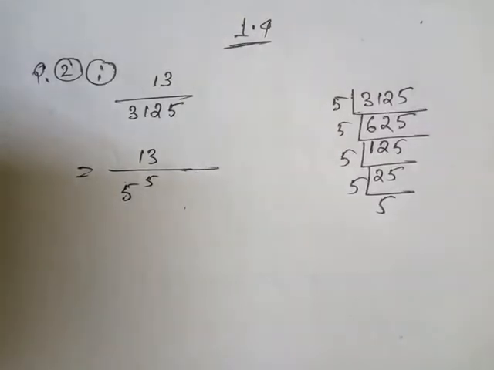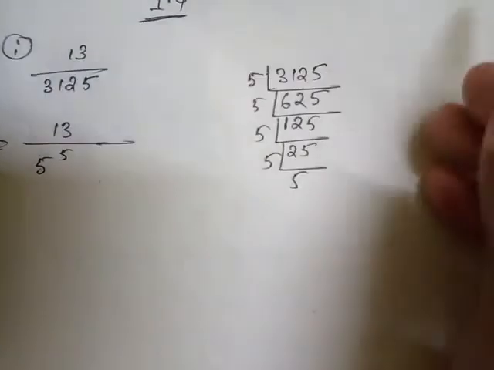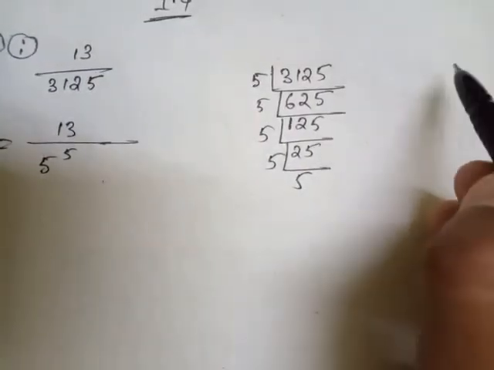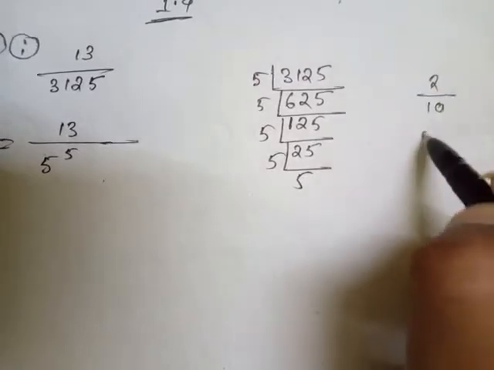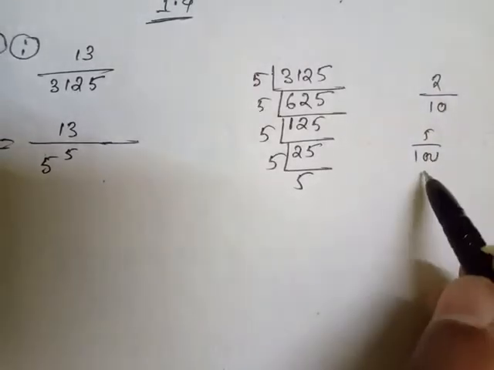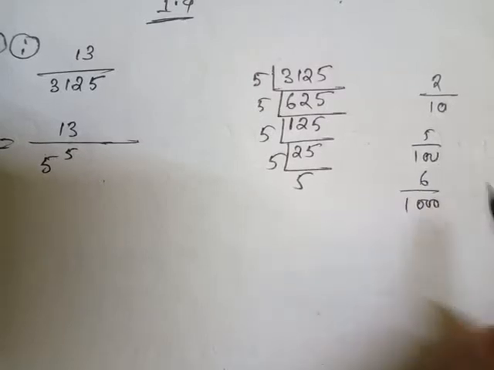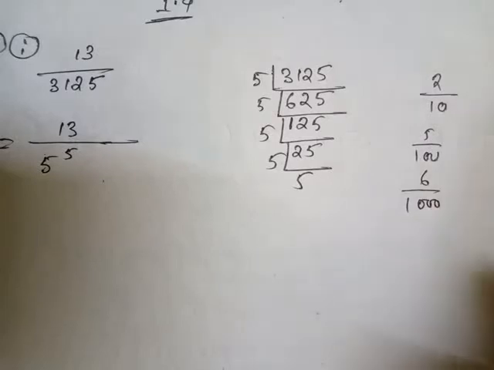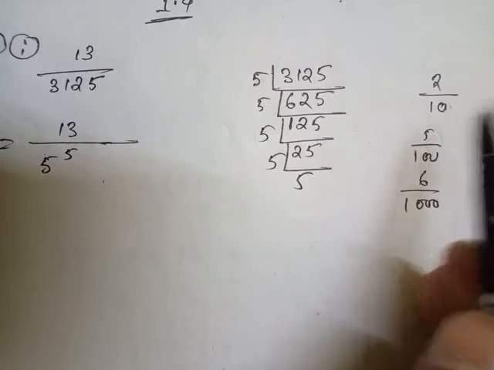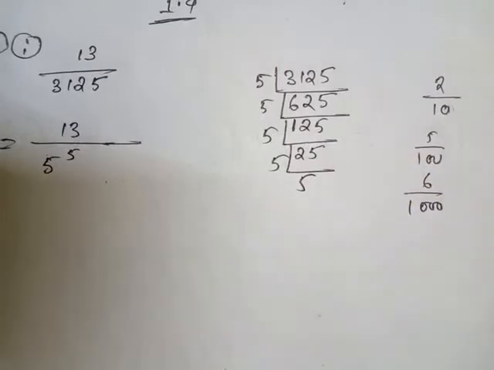Now look, if I want to convert this portion into decimal, it is easier. Look student, I am showing you by the side of this one. It is easier to show the decimal like 2 by 10 or 5 by 100 or 6 by 1000. It is easier to show these digits as a decimal if the denominator is 10 or 100 or 1000 or 10,000 like this.